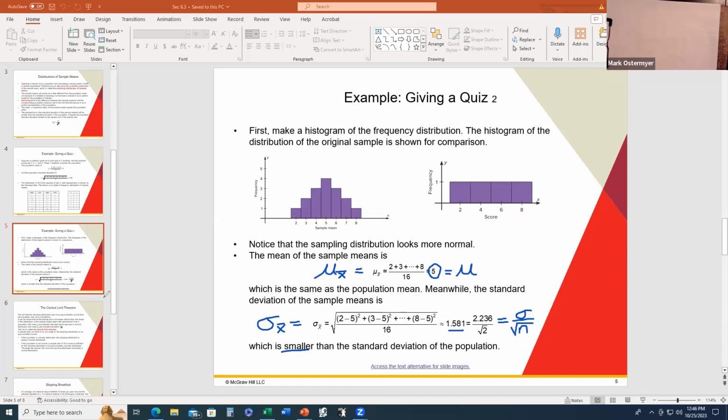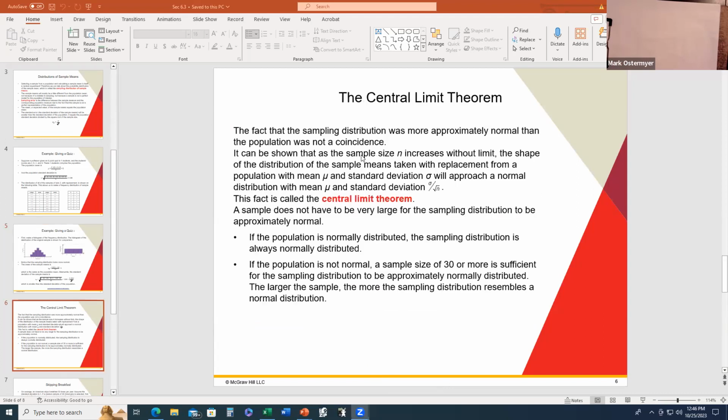And you know what guarantees that always being the case, ladies and gentlemen? It's this theorem here called the central limit theorem. The fact that the sampling distribution was more approximately normal than the population is not just a coincidence.